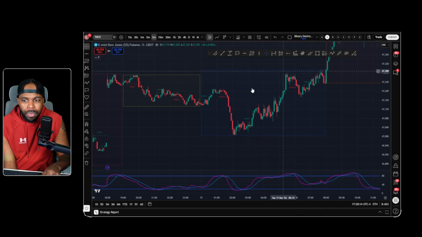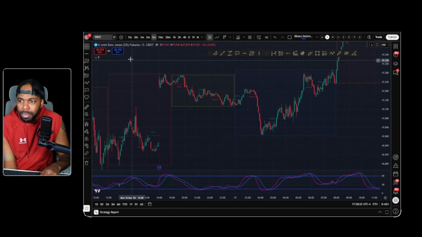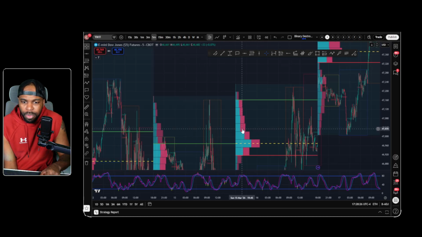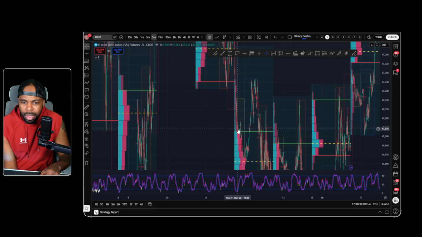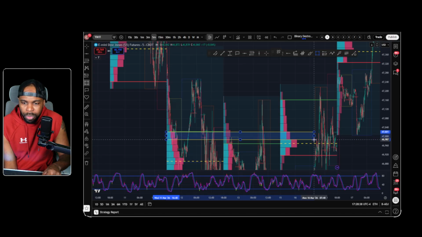Okay. How do I determine when to start looking for a buy position or reversal? Well, let's turn the indicator on. Let's see if we can find anything. And I can see right now, right here, I can use this value area high from this day and bring the zone down to the value area high from this day.